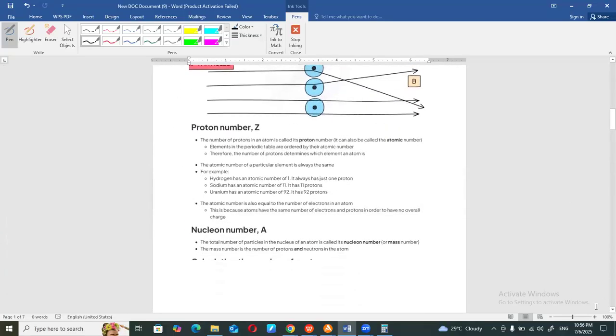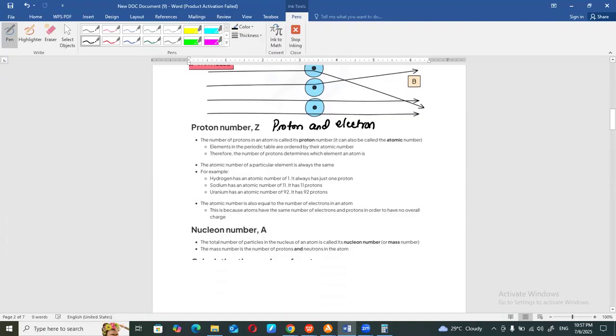Now, a few things. We represent Z as the proton number. Now, what is proton number? In a neutral element, protons and electrons are equal.